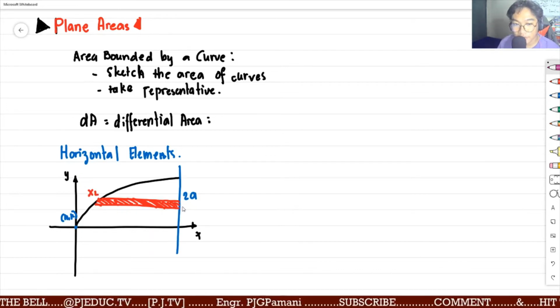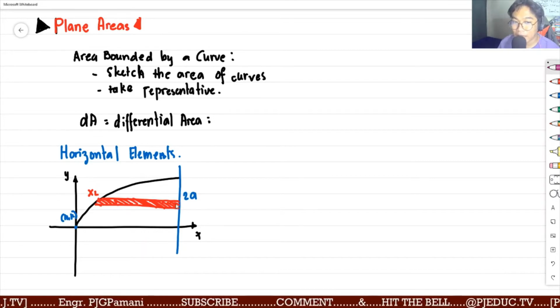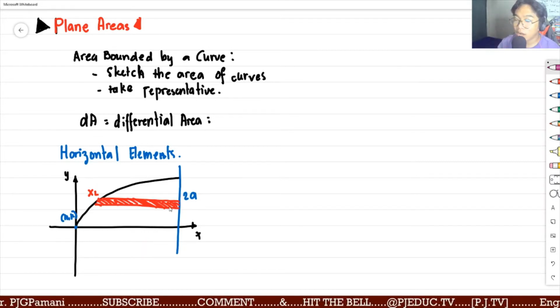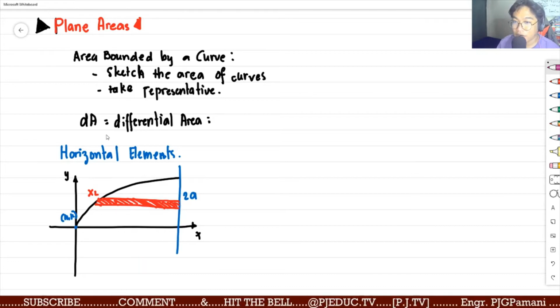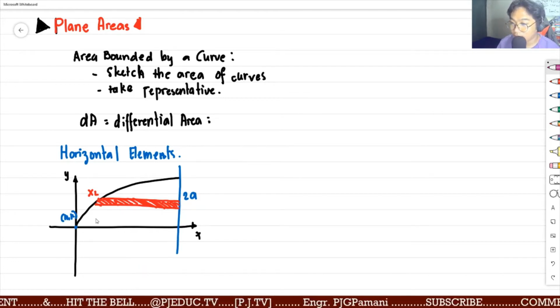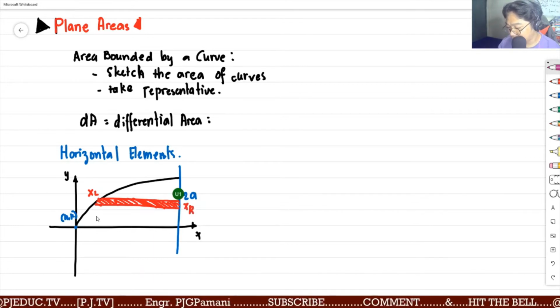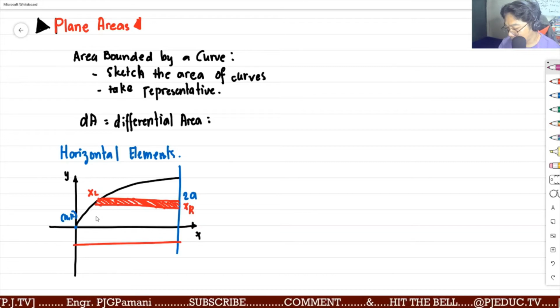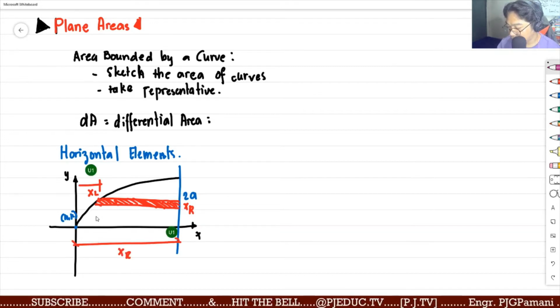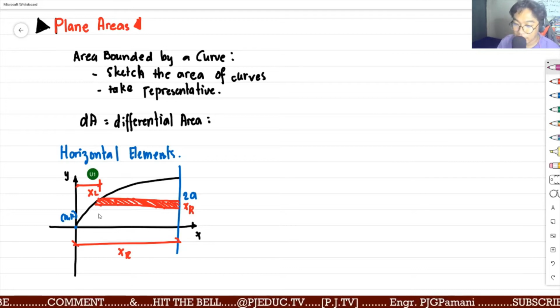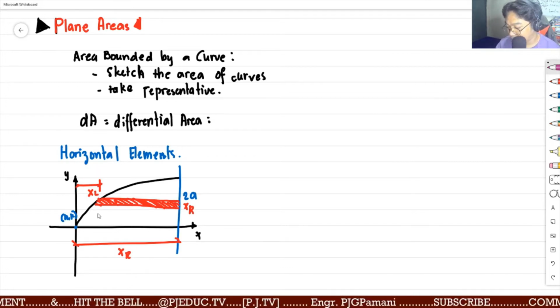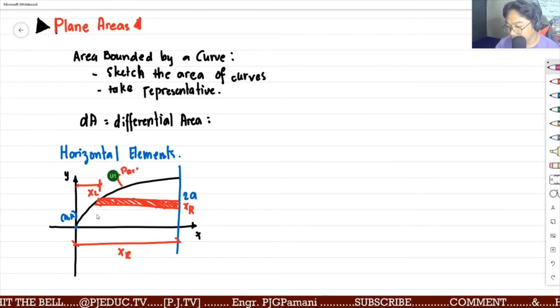And the other side of this strip is touching the boundary or the focal length which represents the ending or the boundary of our curve, which shows our x right. So, halimbawa, ito yung ating x right and ito yung ating x left. And remember, this is your parabola.